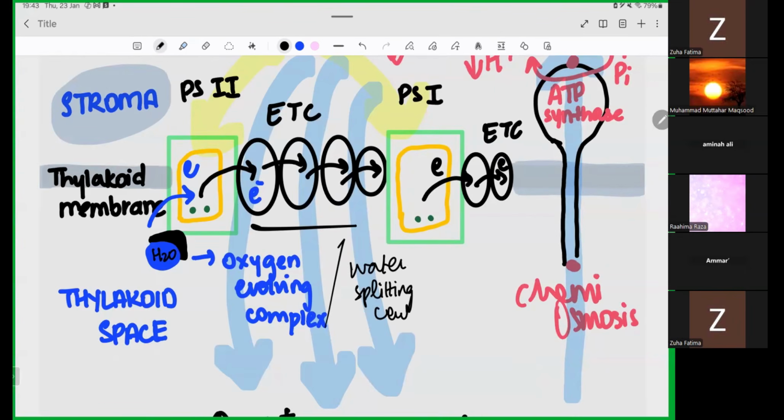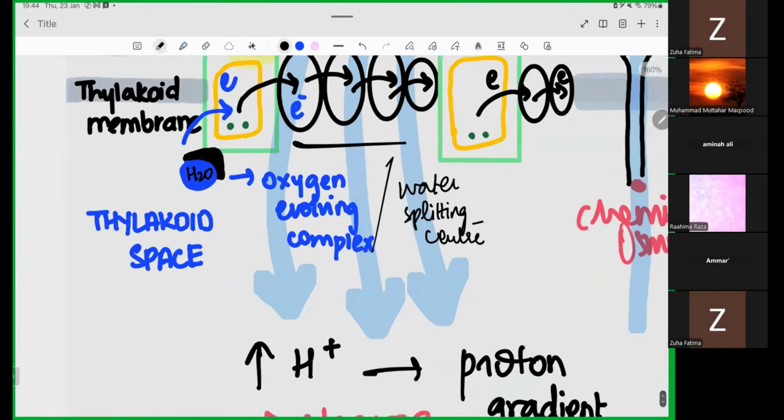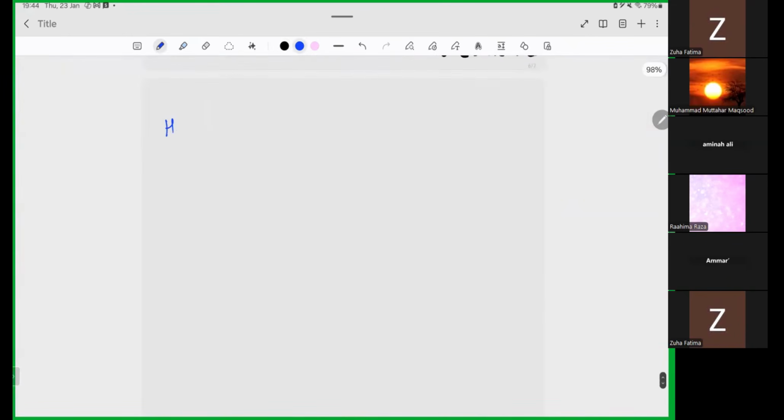Sorry, water splitting center. Once it binds with the oxygen evolving complex and the water splitting center, the water undergoes photolysis. And as a result of photolysis, we have protons and electrons and half a mole of oxygen.